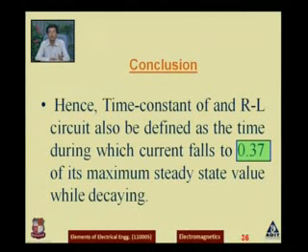That means if we switch off the circuit, then up to this time the inductor will still have some current. It will not become 0 immediately.